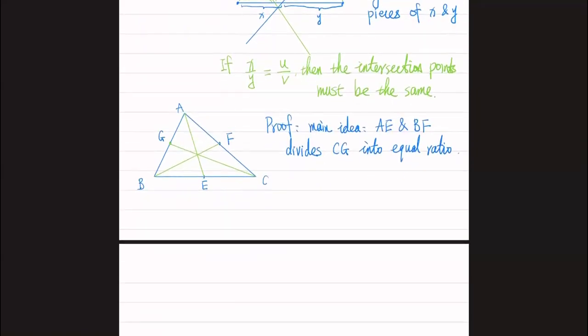Why are they the same? Let's check. What's the ratio when CG is divided by BF?